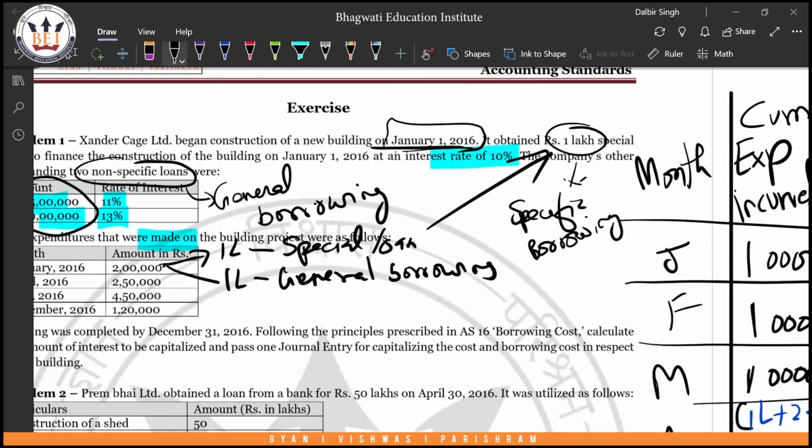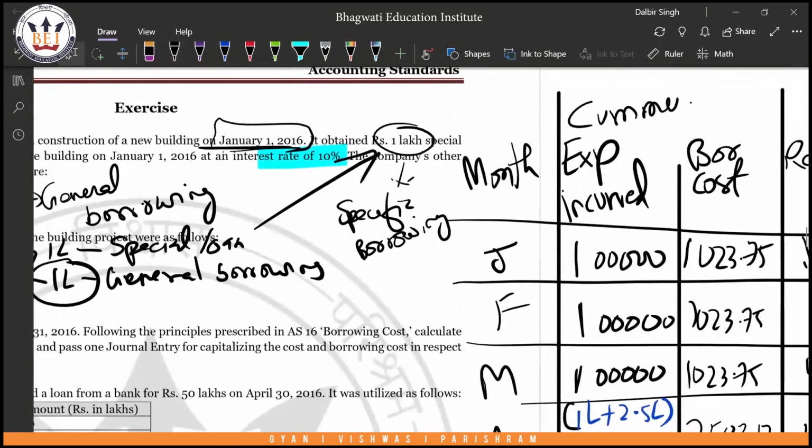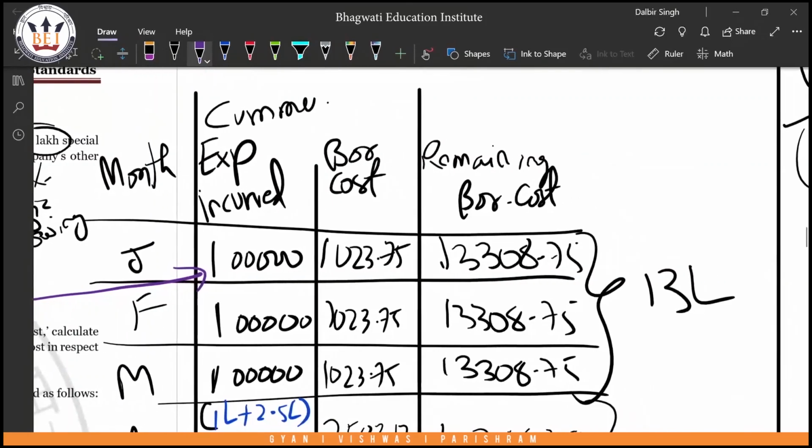Now I am considering this 1 lakh here. Now this 1 lakh is nothing but the general borrowing which is utilized. So now if out of the 14 lakhs I'm utilizing 1 lakh, which means 13 lakhs is remaining.